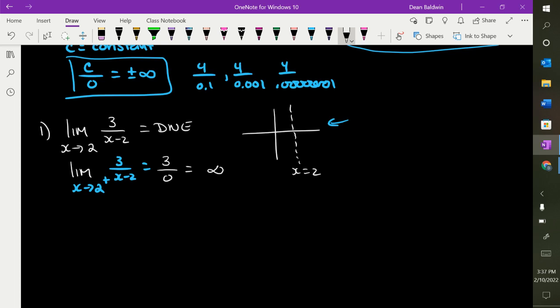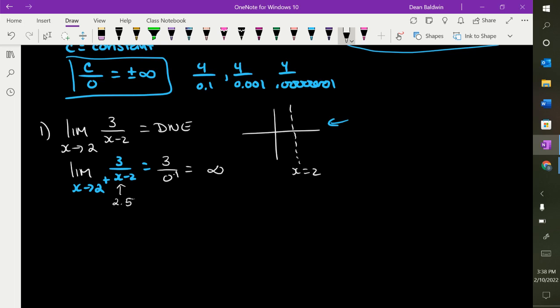Well, what you have to ask yourself, if I come from 2 from the positive side, those are numbers that are bigger than 2. All right? So 2.5 is bigger than 2. If I put 2.5 into there, do I get a positive number or a negative number? I should get a positive number because 2.5 minus 2 is positive.